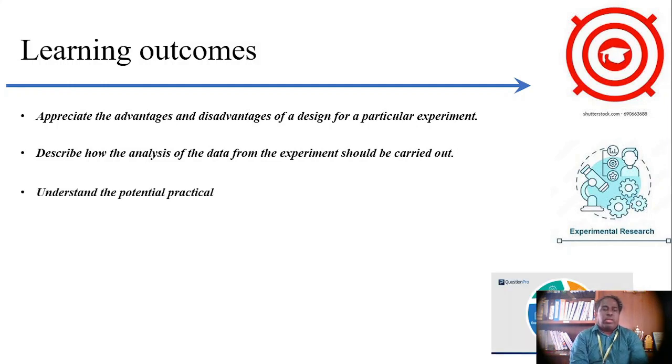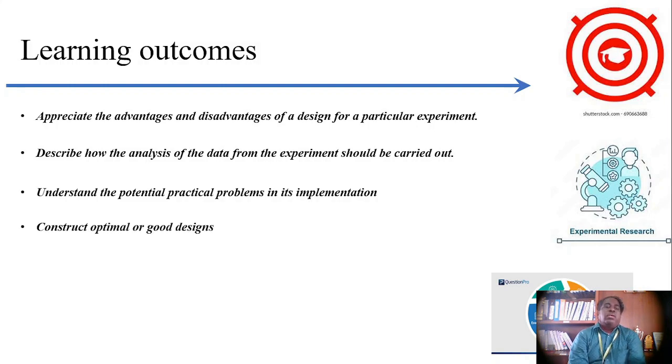After that, understand the potential practical problems in its implementation. Understanding the problem is also important. So this subject is helpful to identify the problem, how we solve the problems, and how we understand the problem. Likewise, based on the understanding we can construct the optimal or a good design for a range of practical applications.